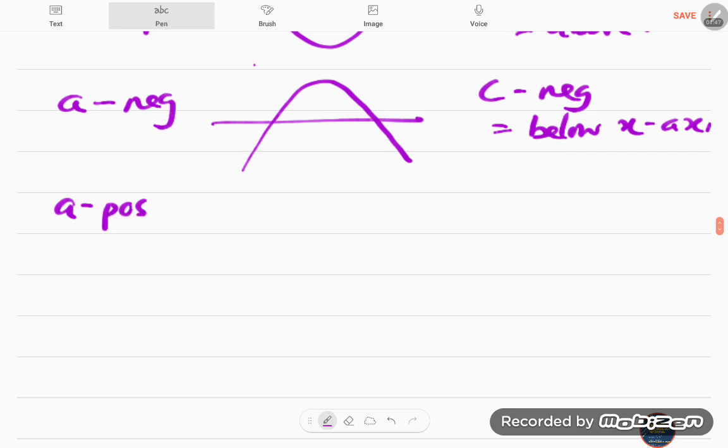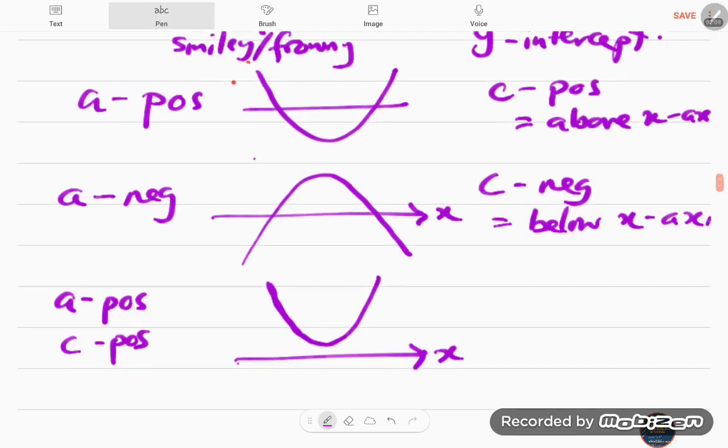A positive, C positive. I'm not going to place the y because we do not have what the solutions of the roots are. Because A is positive, it means it's a smiley face, but the smiley face is above the x-axis. My apologies there.